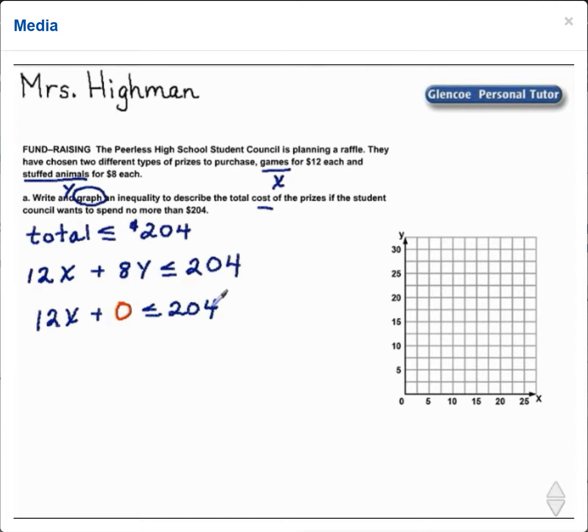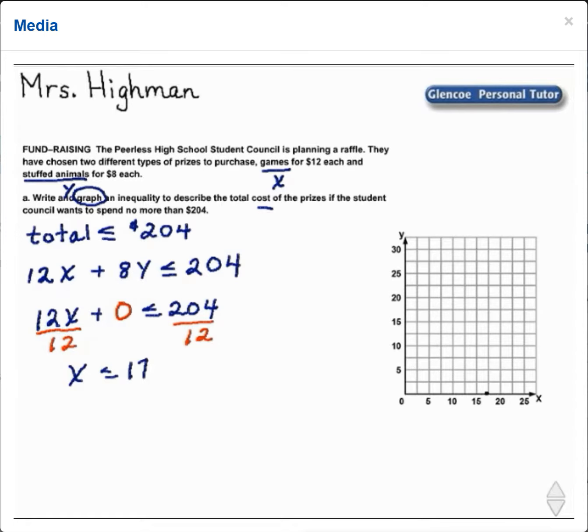And if we divide both sides by 12, we'll get an x-intercept of 17. So we're going to put this point on our graph. This is our x-intercept. So we'll go over to the x-axis, and 17 would be right about here.